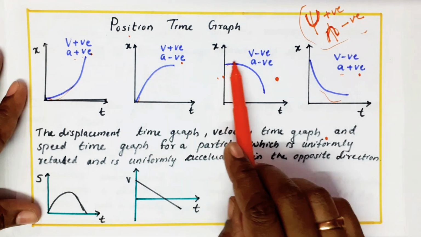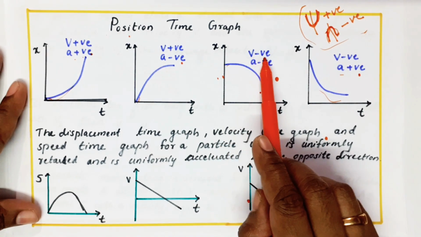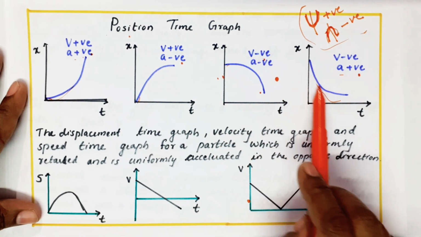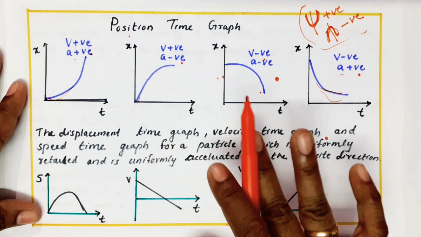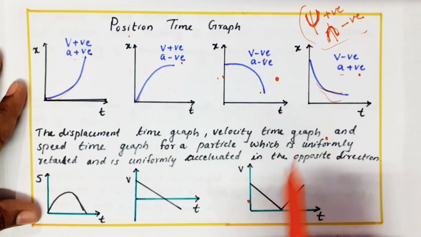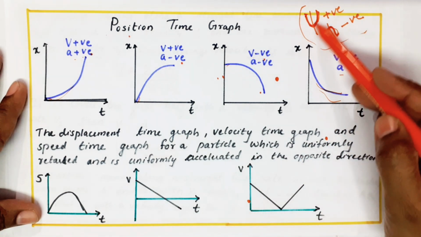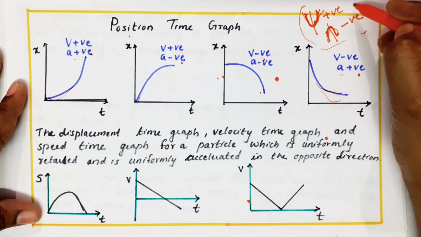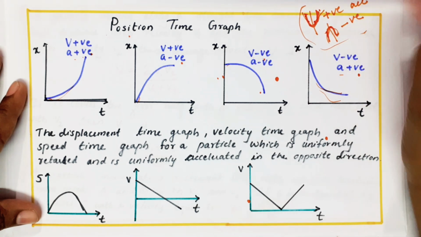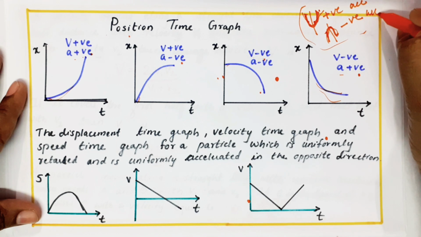But here it is decreasing, so velocity is negative. Here also it's decreasing, so velocity is negative. So I told a shortcut way to remember whether acceleration is positive or negative. U-shaped graph, either half you take, both are positive acceleration. N-shaped, both are negative acceleration.